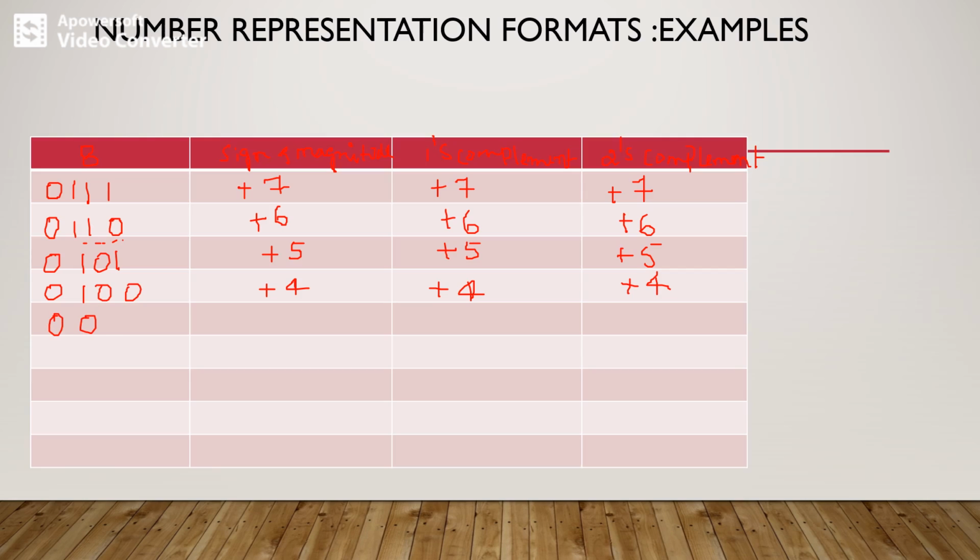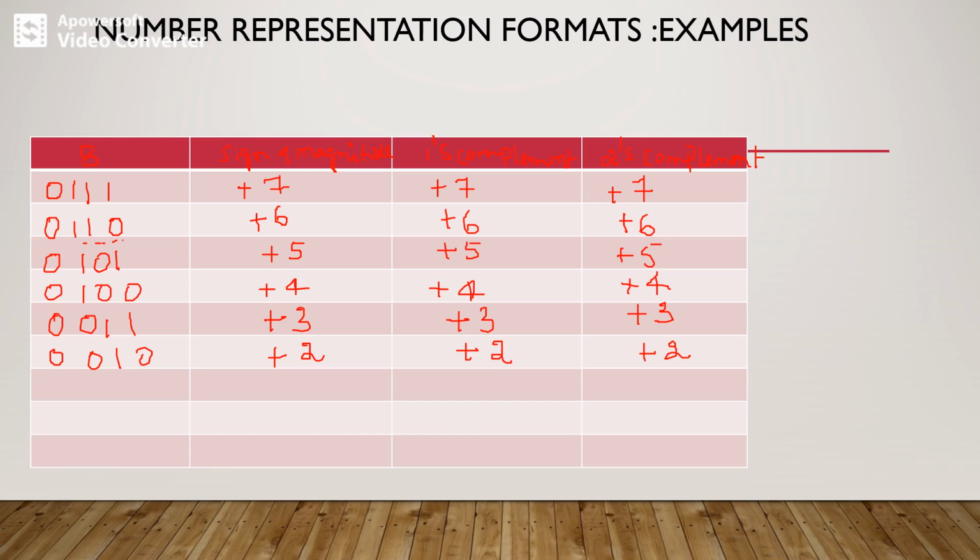So next we can consider 0, 0, 1, 1. I can take it as plus 3, sign and magnitude plus 3. One's complement is also the same, and two's complement is also the same. Next we can take plus 2, that is 0, 0, 1, 0. Since the magnitude is 2 and sign is 0, meaning plus, one's complement as well as two's complement are both plus 2.